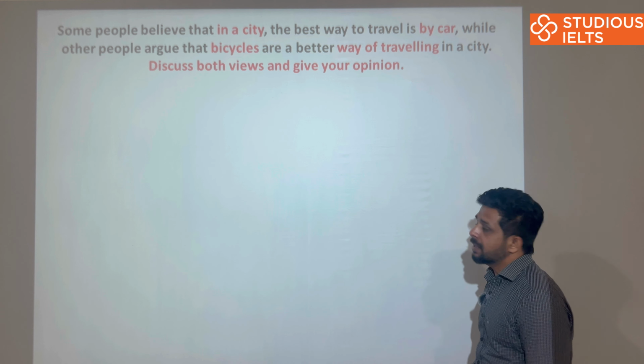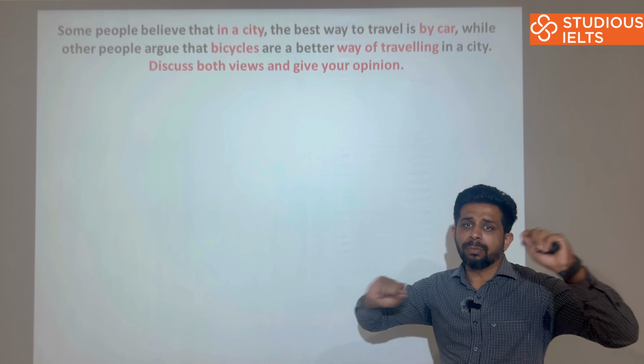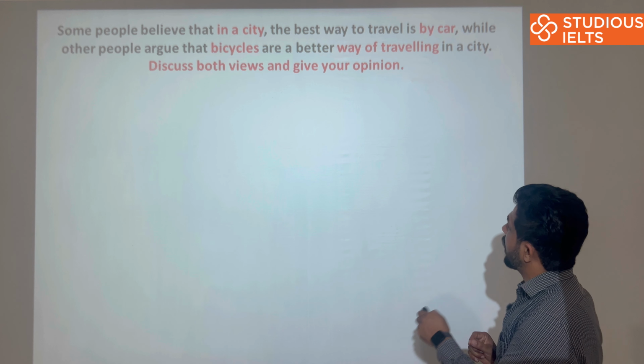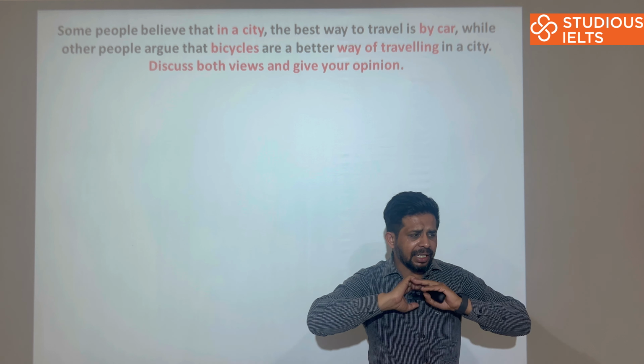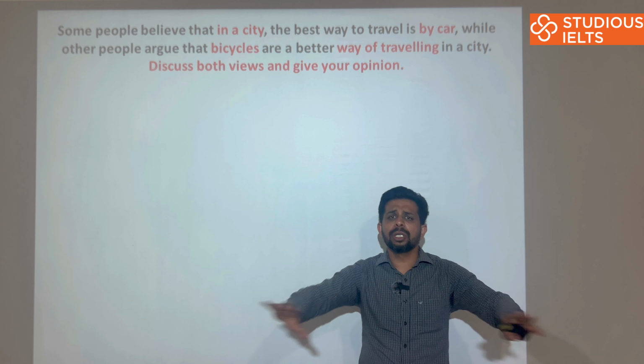Sometimes we pick the points from the question, like they have talked about cars and bicycles, and we convey the whole debate about this. But one thing we might skip is the actual location of that debate. So never forget that they have asked for the better method to travel in a city, not everywhere. They are talking about the city only, right?